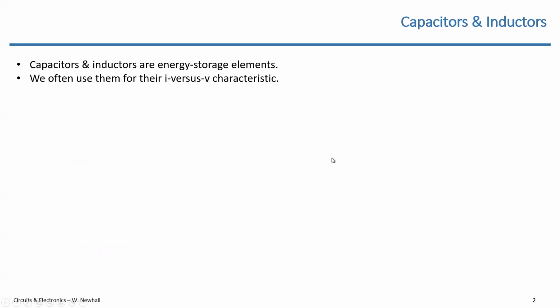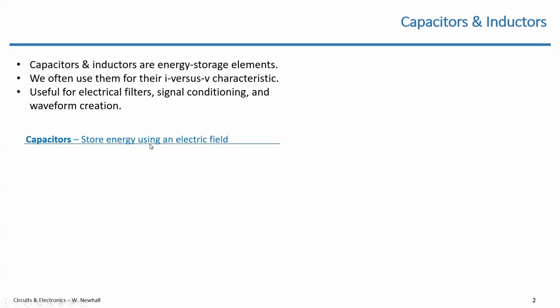The reason we do that is you can implement circuits like electrical filters that allow some signals to pass and other signals at different frequencies to get blocked by the filter. You can perform signal conditioning. You can remove certain bands of noise from a signal, from a voltage or a current, and you can use capacitors and inductors in circuits that create waveforms, so create sine waves or square waves, and the capacitor and inductor values can control the frequency of those signals.